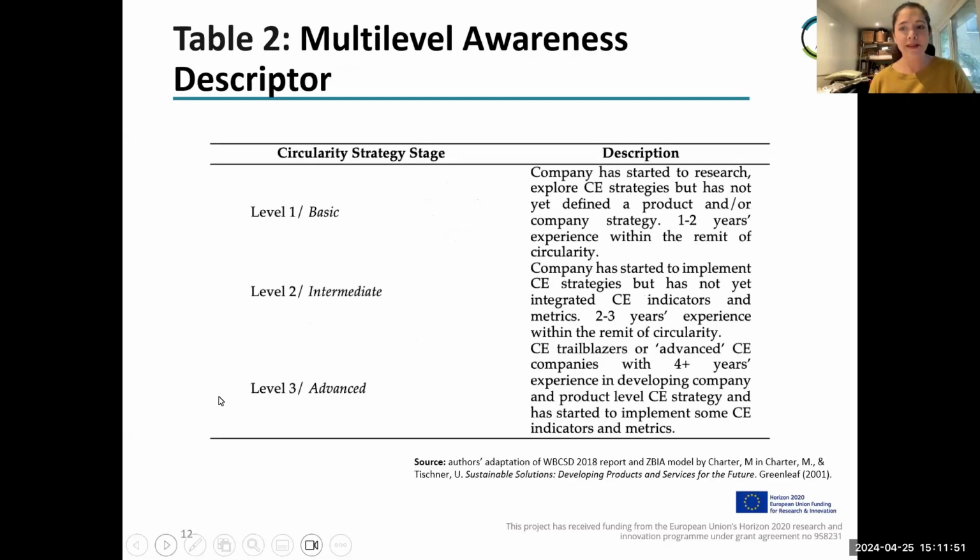Next slide. We also developed a circularity awareness level descriptor. So we assigned awareness levels to individual participants and at the company level.